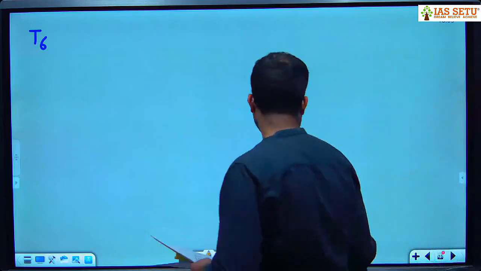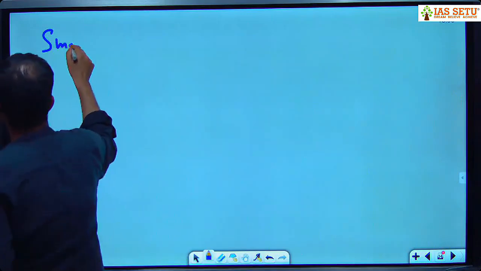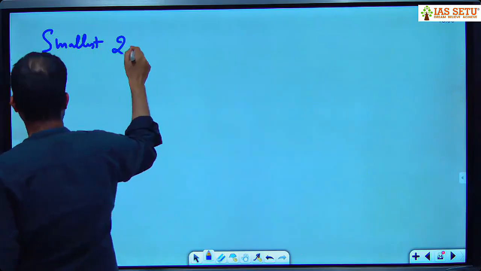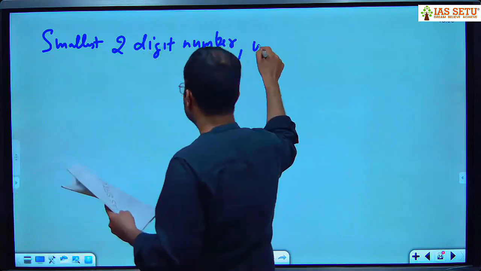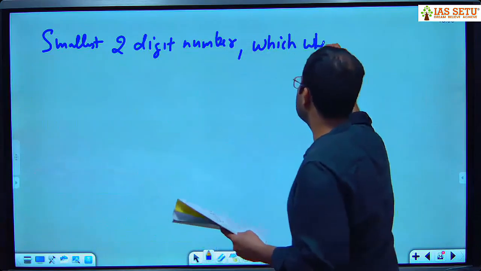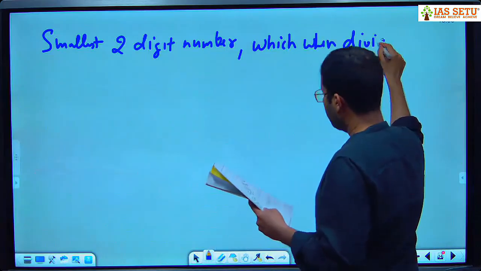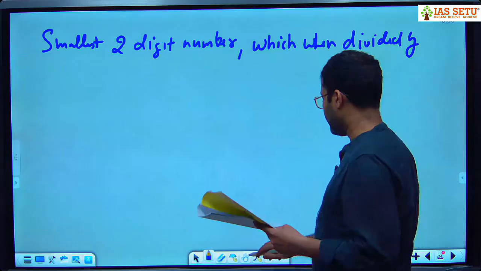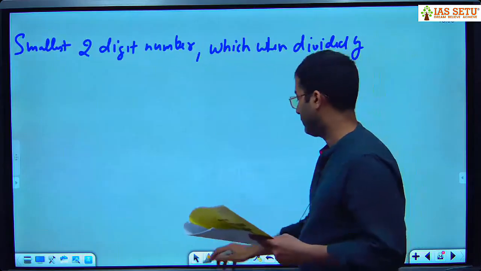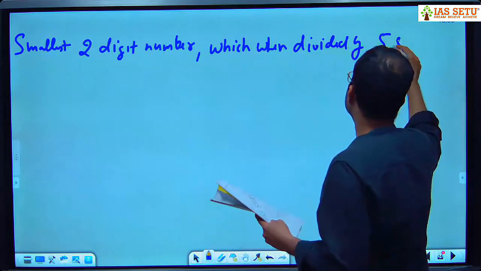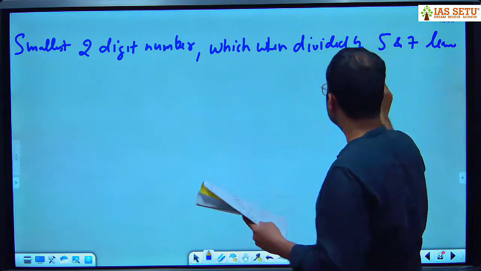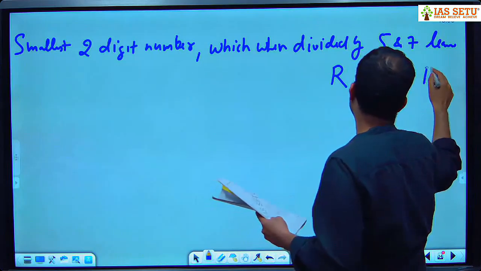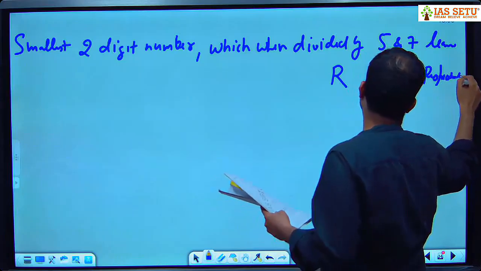Okay, my question to you: smallest 2-digit number which when divided by 5 and 7 leaves remainder 3 and 5 respectively.